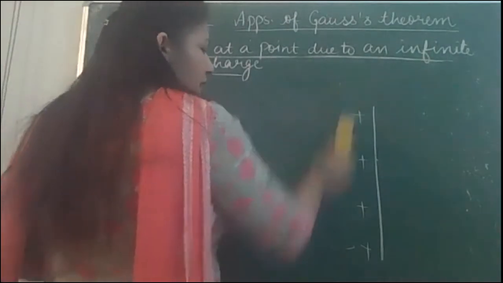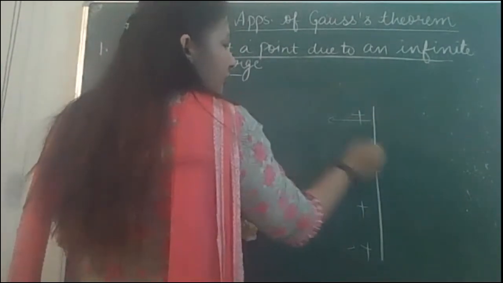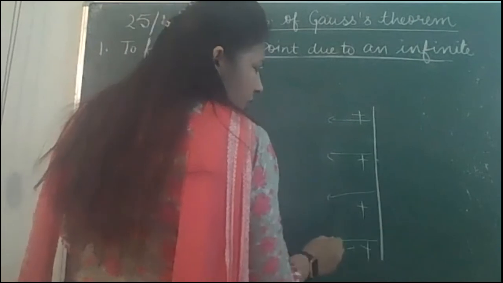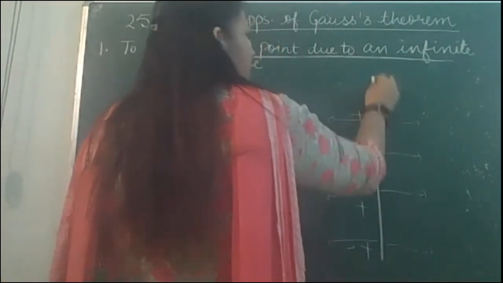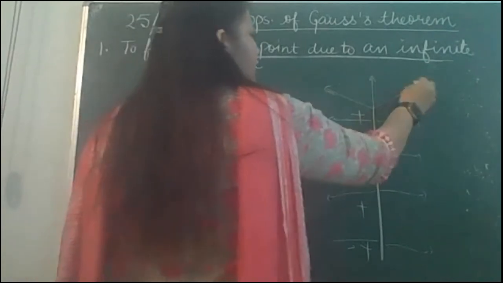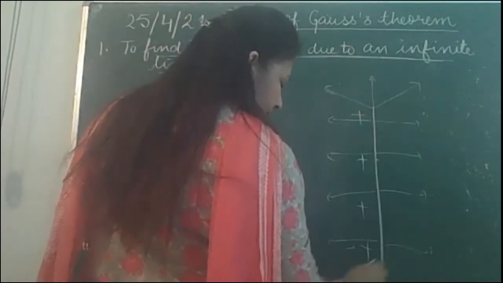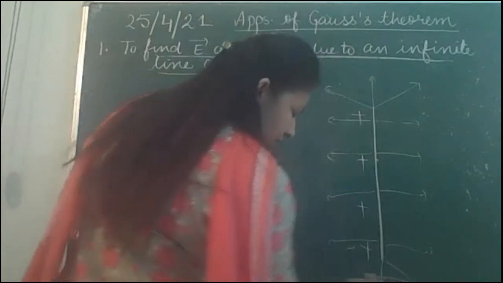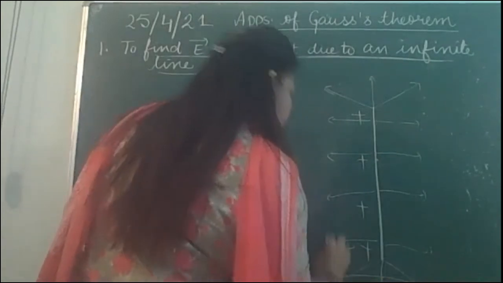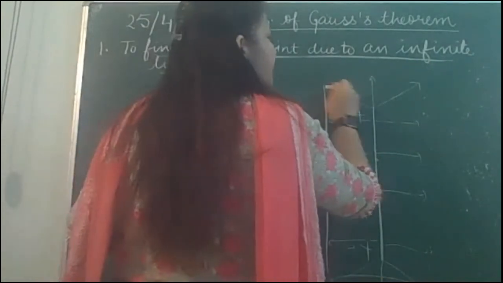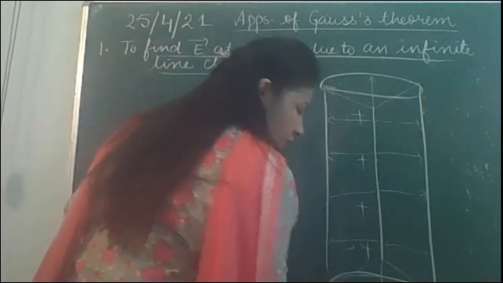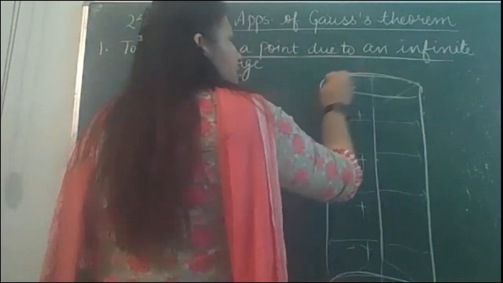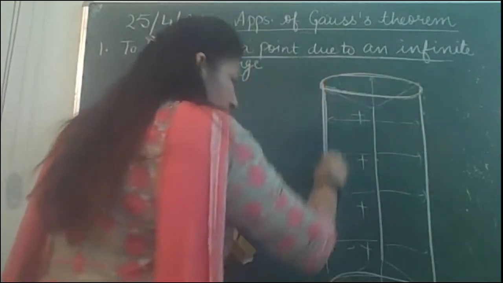The electric field is perpendicular to it on all sides, so we can imagine a cylinder. This Gaussian surface will be cylindrical, around the line charge.